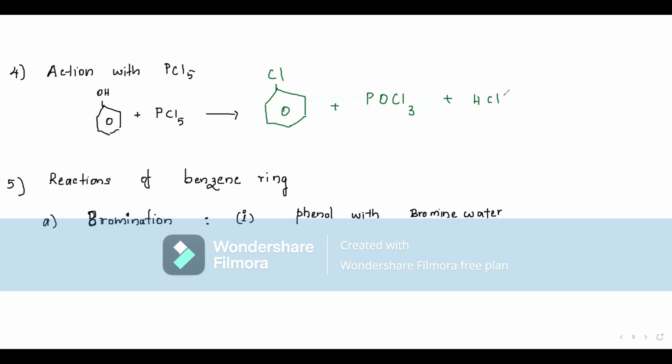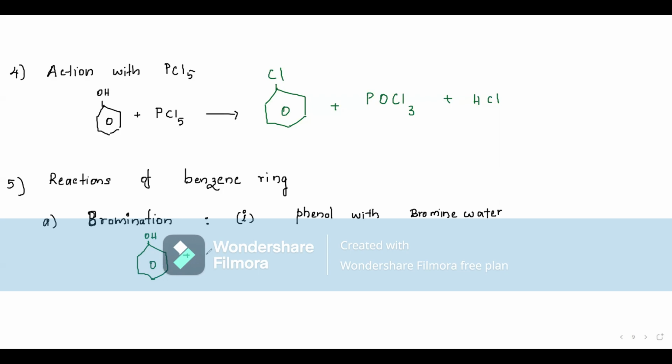Now, the next reactions are those that involve the benzene ring. The first one, a very frequently asked question, is bromination of phenol. Phenol is treated with bromine water.